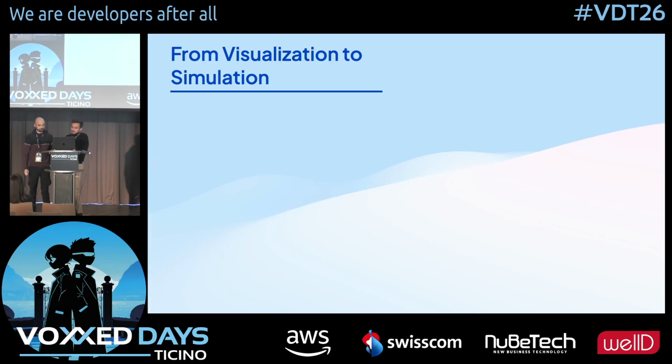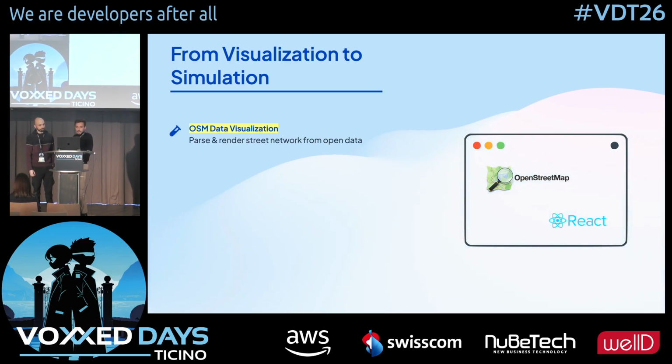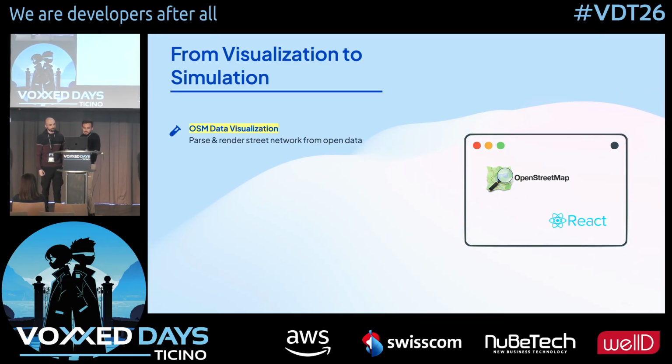So we started with a web app. We are front-end developers, so we started creating a React app to show the data that we take from OpenStreetMap. So we parse the data to show them on the web app and render each node and each edge to create the map of the city.